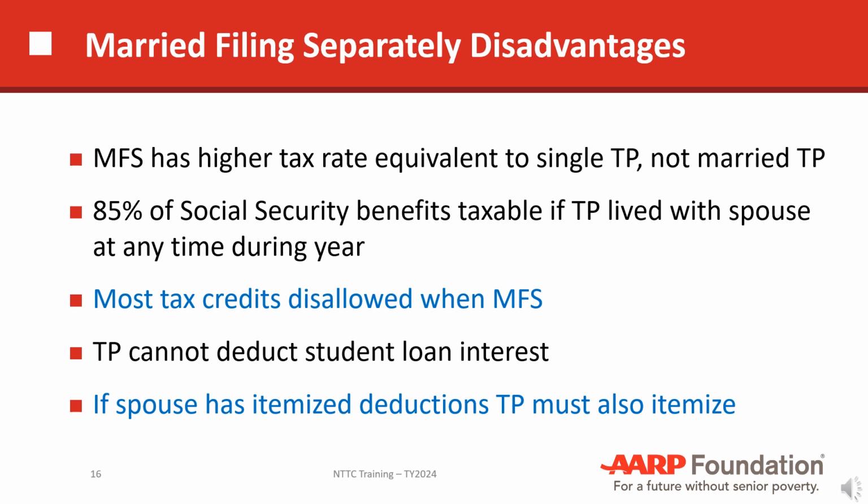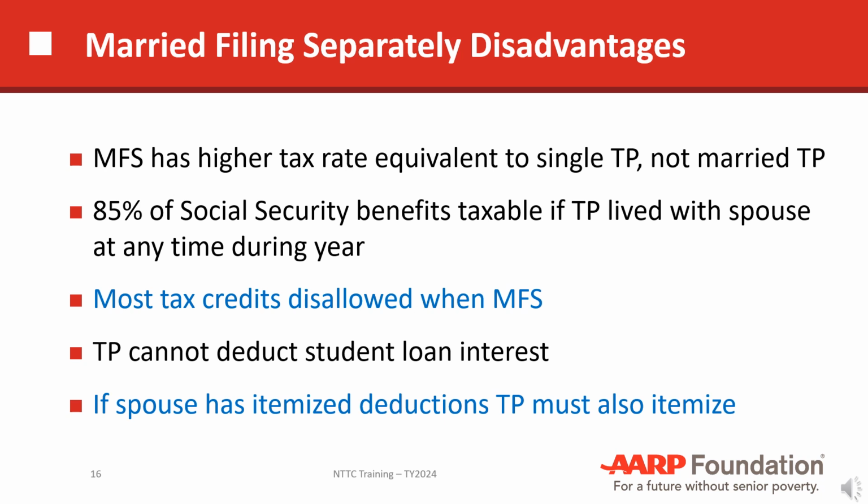I had a taxpayer a few years ago that was married but had to file separately because her spouse had a business and he was way behind on his taxes for his business. So if they filed jointly, she would get stuck having to pay the penalties on what he was behind on in his taxes.